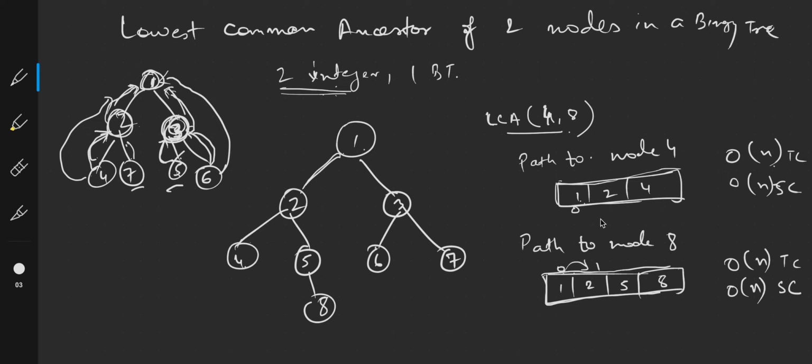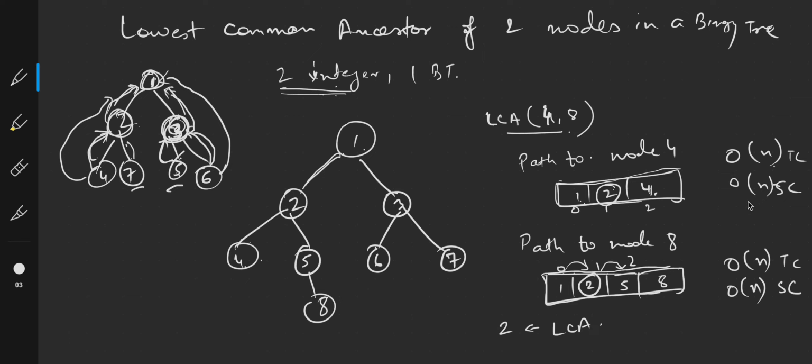At index 1 we will see 2 is there in both the vectors. So we'll move forward. Then we'll see at index 2 we have 5 in this vector and 4 in this vector. So this is different. So it means that 2 is the common node in these two vectors, and that's why 2 is the lowest common ancestor of 4 and 8.